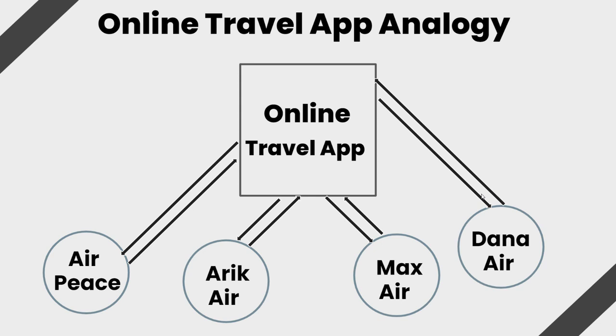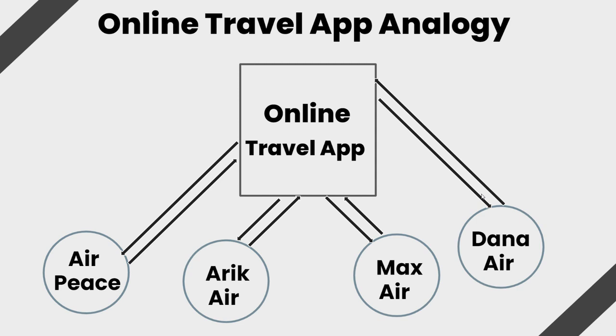Now you'll be wondering, these travel apps usually have different flights to the location you are going to, and these different flights are connected to different kinds of airlines. So in Nigeria, some of the popular airlines I know about are Dana Air, Max Air, Arik Air, Air Peace. Some other ones are Cabo Air and Ibom Air.